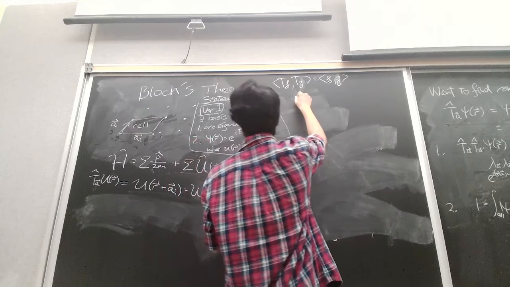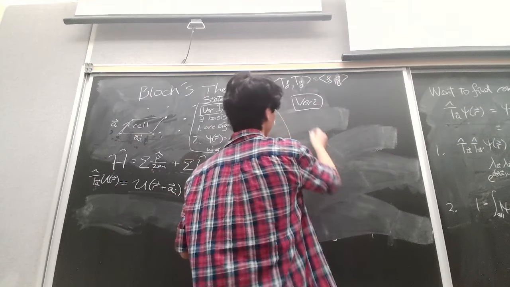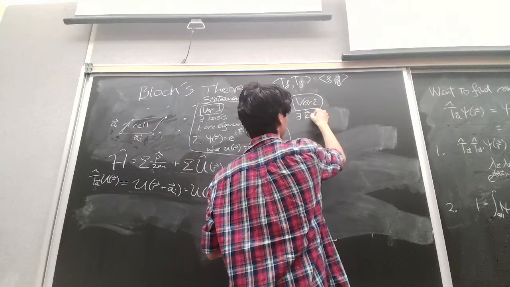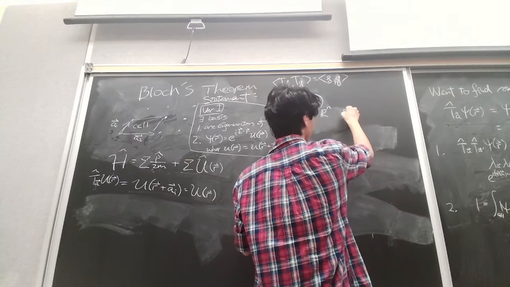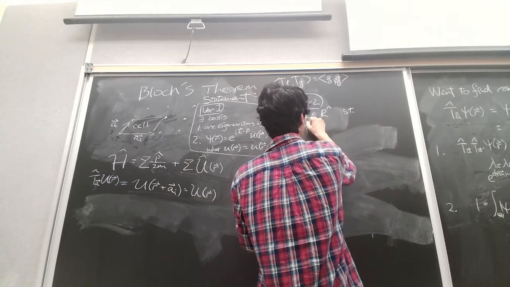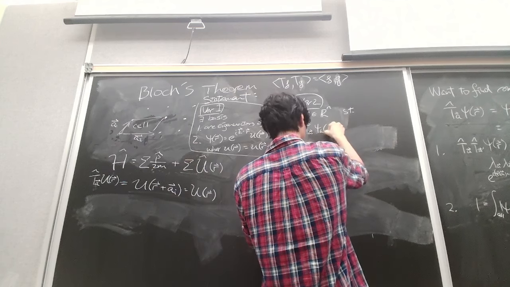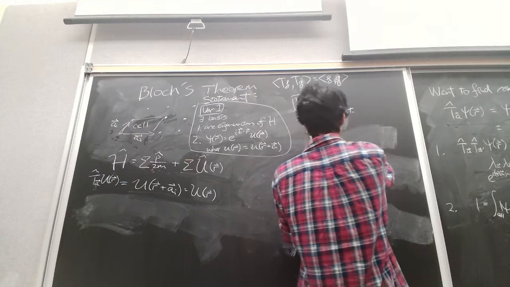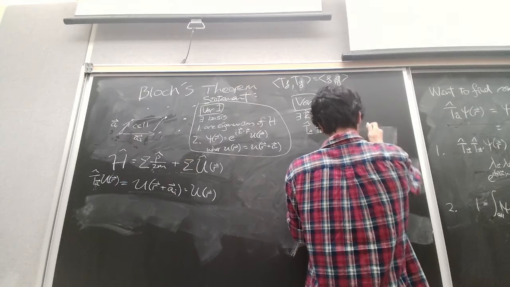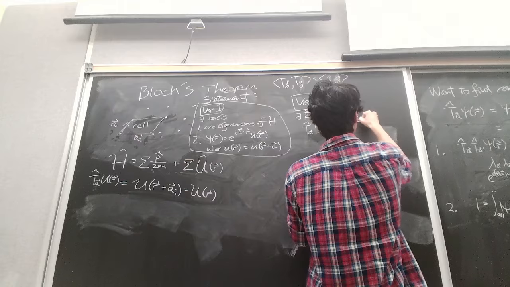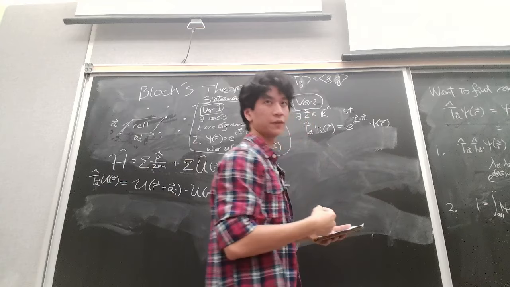The second version is there exists K, a vector, in whatever dimension our crystal is in, such that translating by some crystal vector amount would be multiplying by some phase shift.